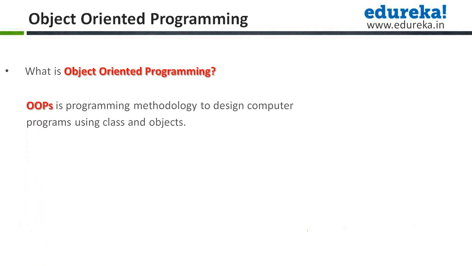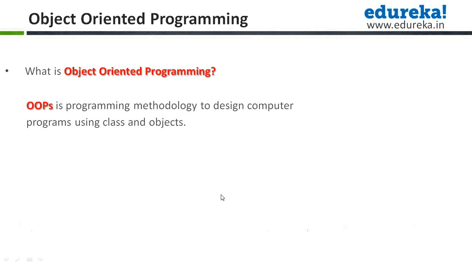First of all, object-oriented programming, OOPS, is a programming methodology to design computer programs using classes and objects. In this, everything revolves around classes and objects. In a language in which you actually deal with objects only, whenever you have to perform a particular task or operation, you have to create an object of a class, and then only you'll be able to execute your operation.